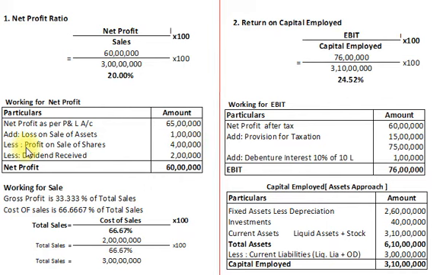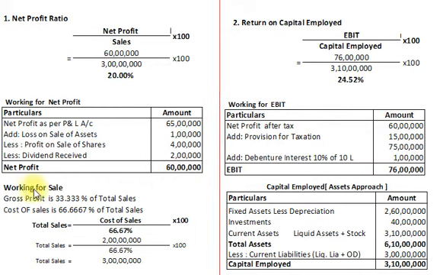In the same way, less profit on sale of shares, 4 lakh. This 4 lakh will be deducted because it is our non-operating income. In the same way, dividend received worth rupees 2 lakh will also be deducted from the net profit because it is non-operating income credited to the profit and loss account. So finally we will get net operating profit of rupees 60 lakhs, and this net profit will be used for the calculation of net profit ratio.